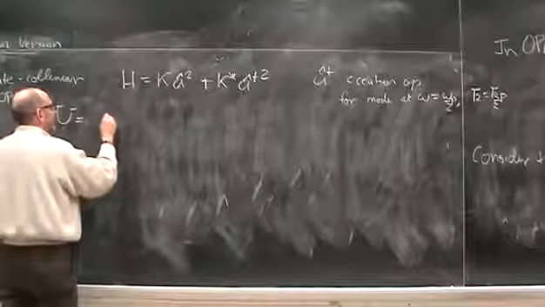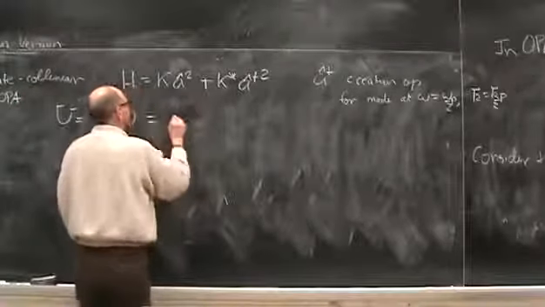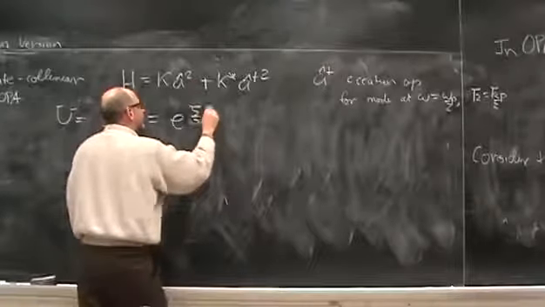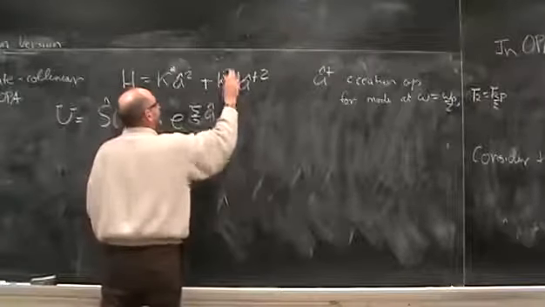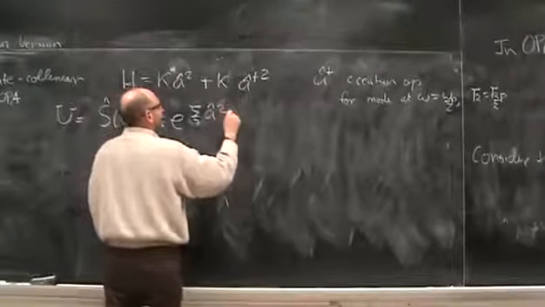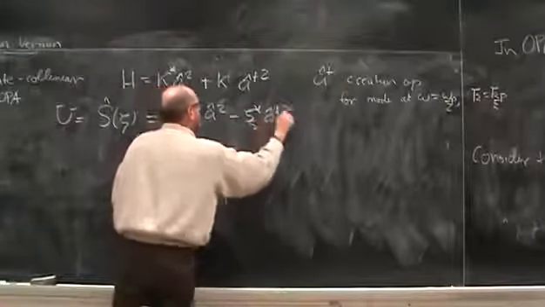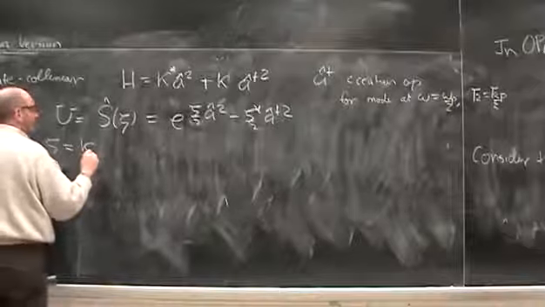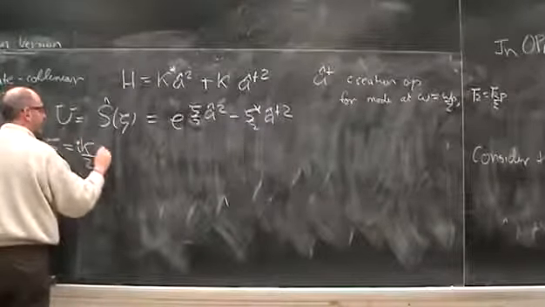This is the squeezing operator with the parameter zeta: e to the zeta over 2 a squared, minus zeta star over 2 a dagger squared, where zeta is equal to kappa over 2 times i times the duration of interaction, which is the length of the crystal over c.